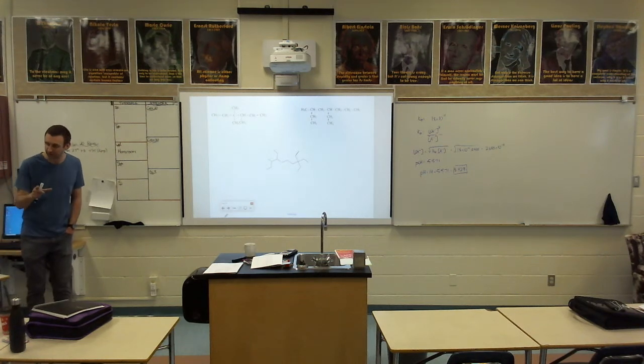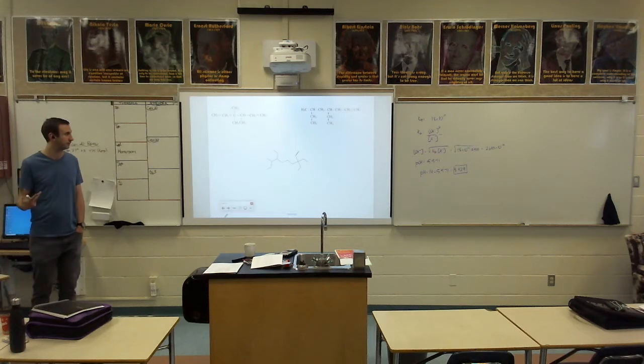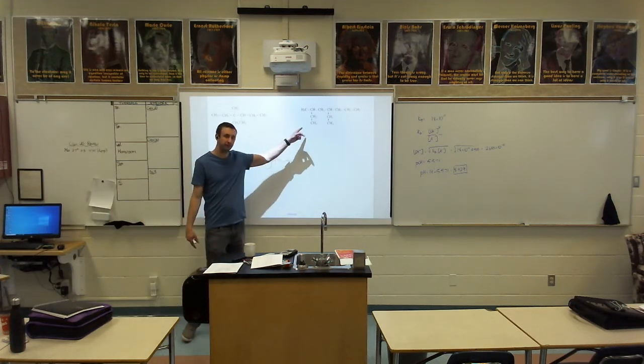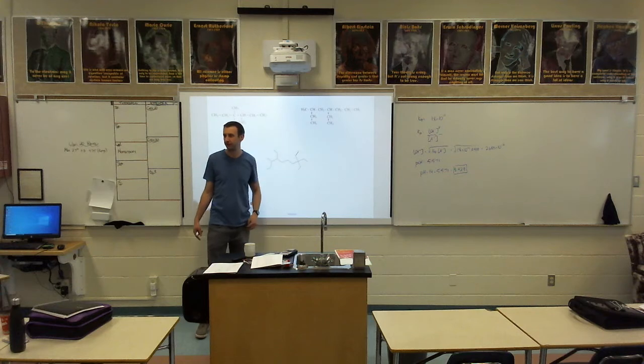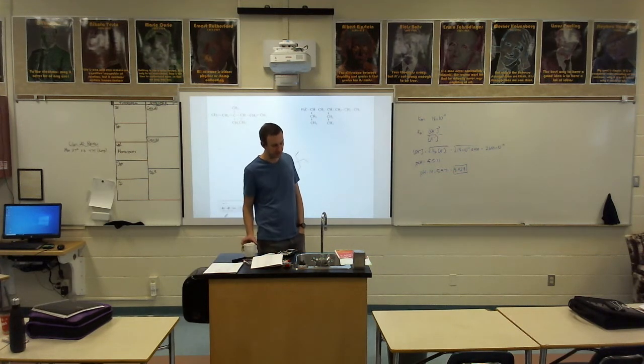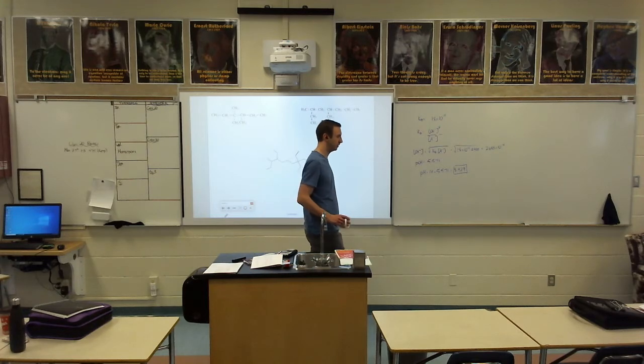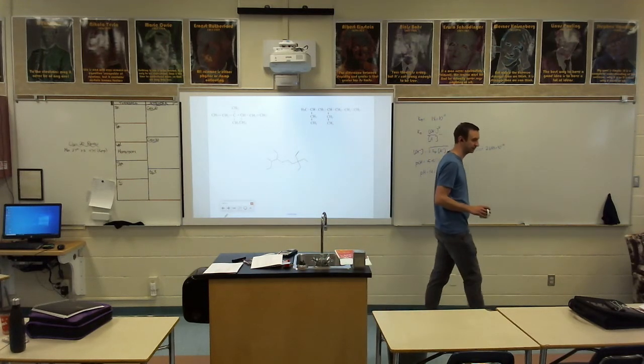When you're picking your parent chain, what do you have to be careful of? Especially around this one, for example. You pick the longest parent chain possible, okay? So always the game is to try to find your longest chain of carbons. That's your parent chain.